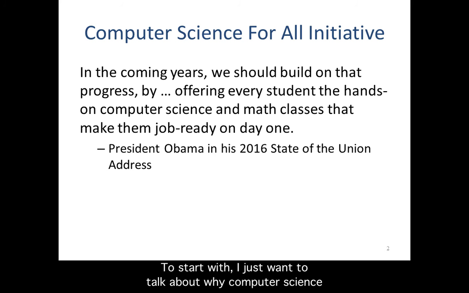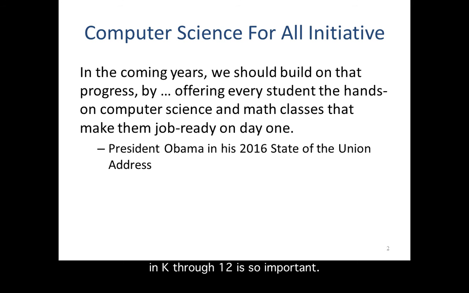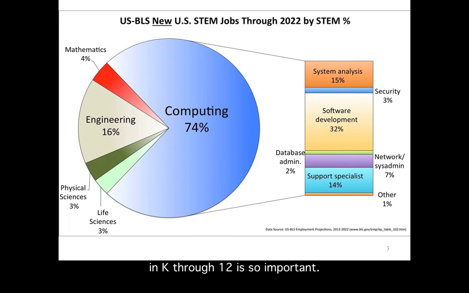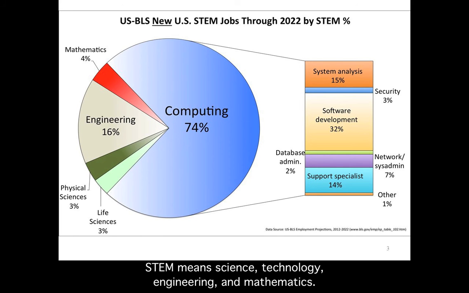To start with, I just want to talk about why computer science in K through 12 is so important. I just put up a figure here from the Bureau of Labor Statistics that describes new U.S. STEM jobs through 2022. STEM means science, technology, engineering, and mathematics.